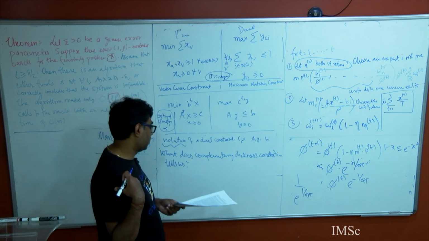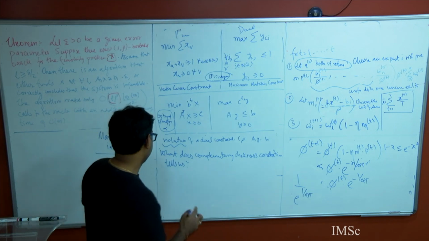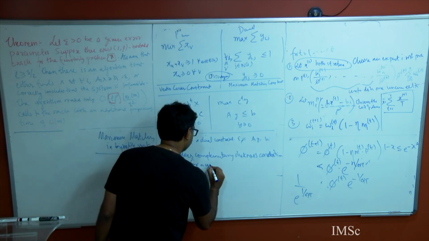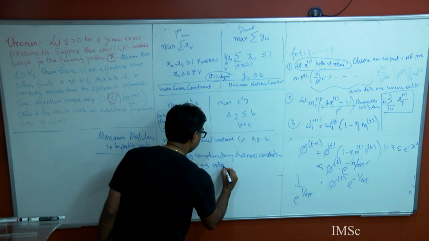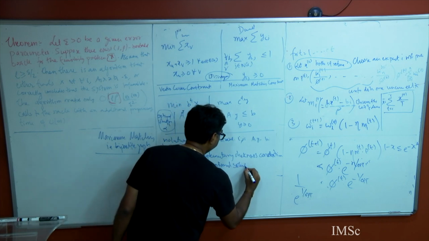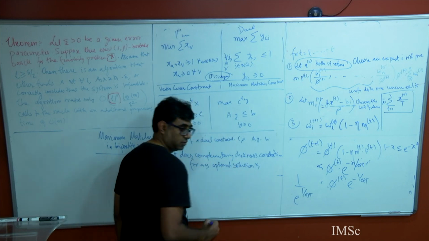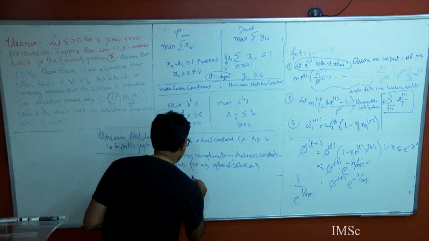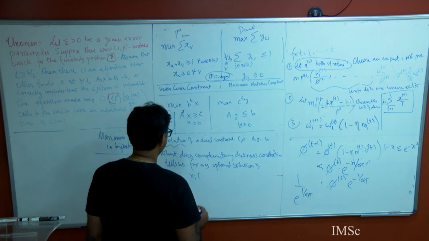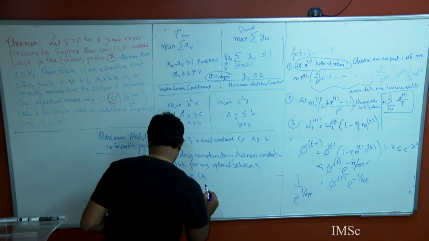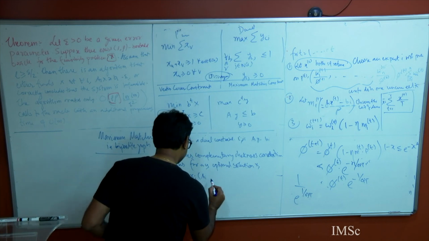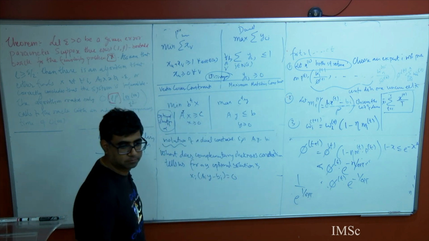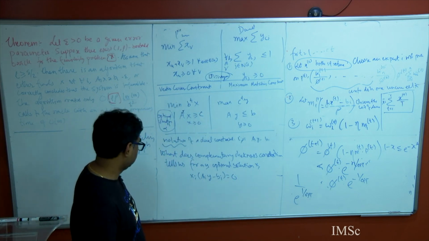Or the other way to say it: for any optimal solution x, x_i times (A_i y minus b_i) equals 0, right?